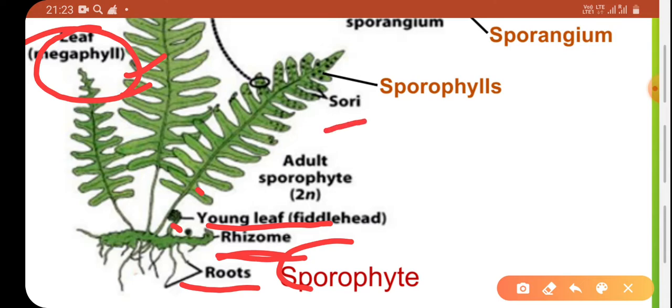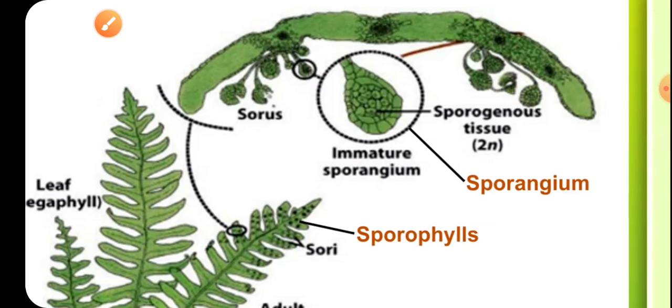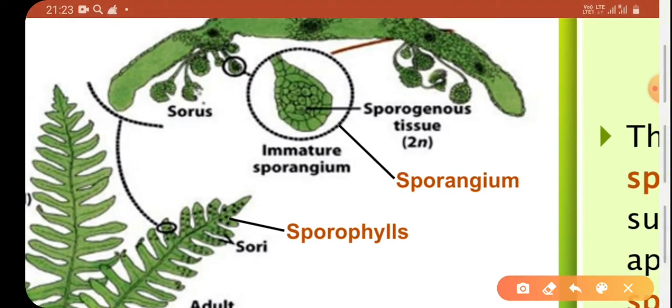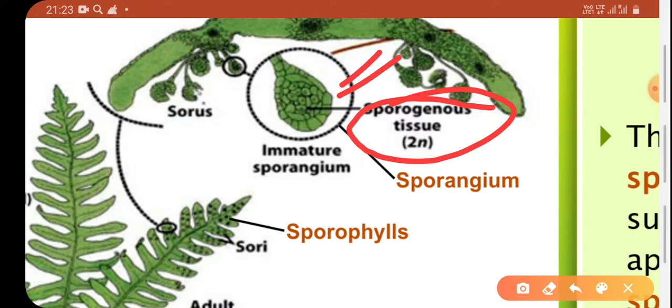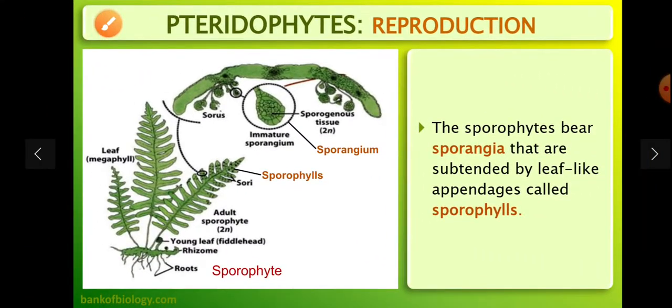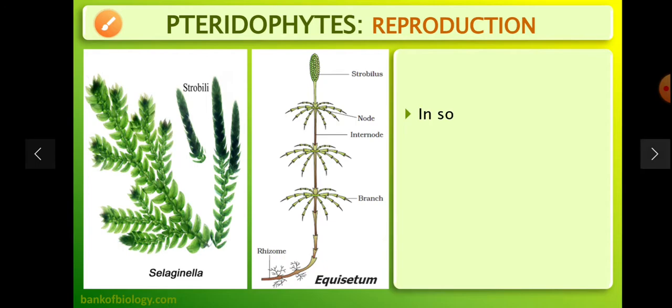These dotted structures are sporangia, and one is further magnified, where we can see the sporogenous tissue that is diploid, and an immature sporangium. This is quite easy to understand with the diagram.